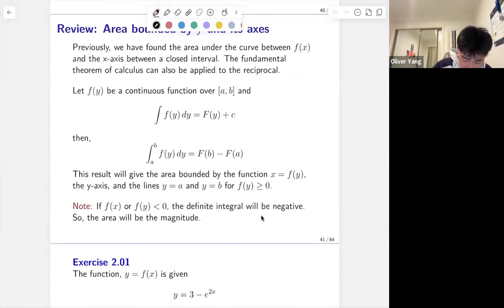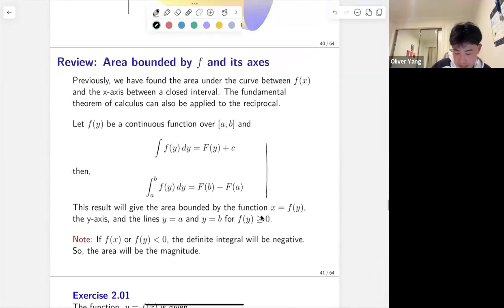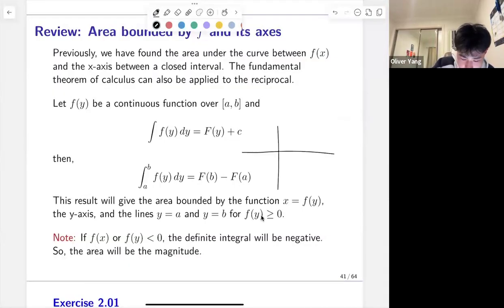I've got an example that I'm going to quickly sketch. Let's say I define this as f of y. If I were to find the area on the curve, it would be here, enclosed by the y-axis.